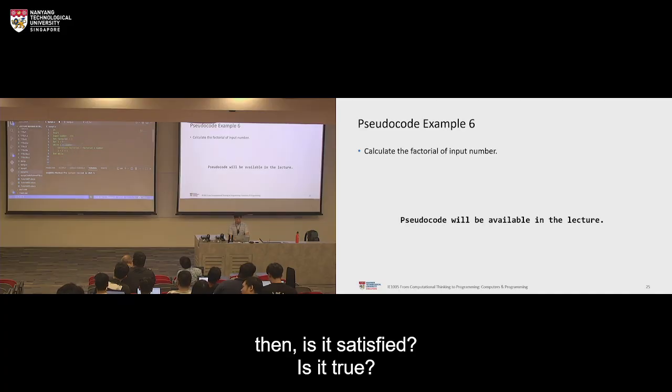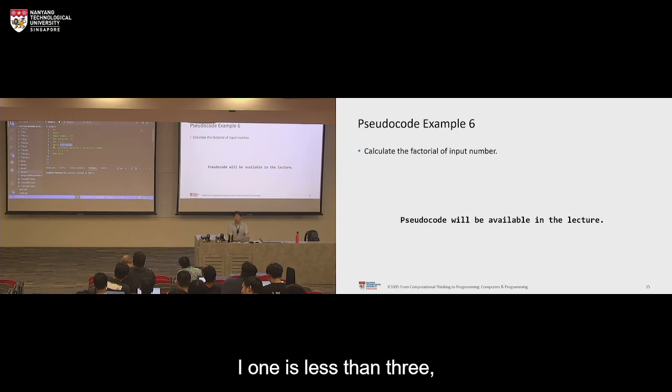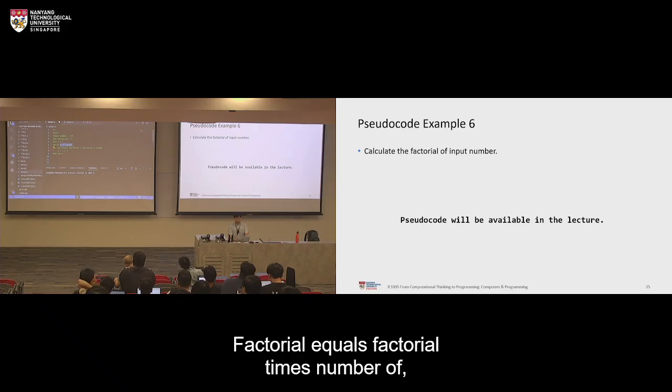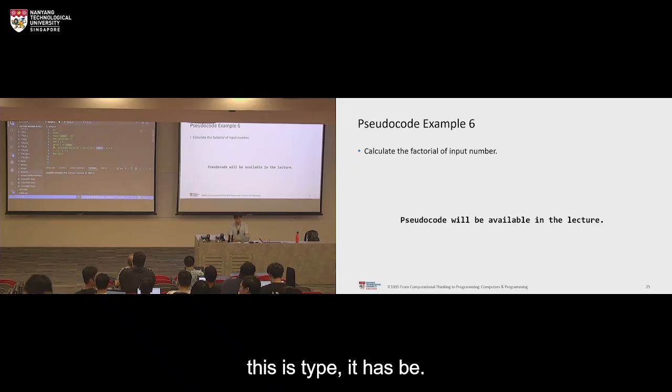Then is it satisfied? Is it true? 1 is less than 3. It is true, so you can continue. So factorial equals factorial times number. Oh, sorry, this is a typo. It has to be I. So now it is 1 times 1.